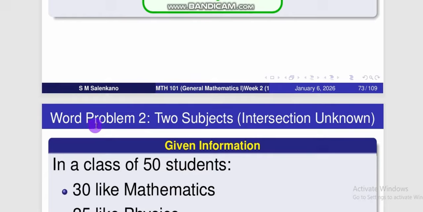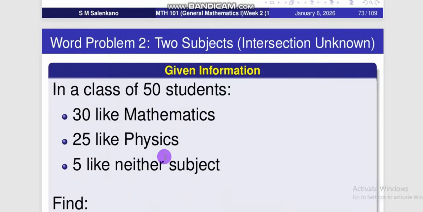Problem 2 is a word problem also about two subjects, but the intersection is not known, meaning those who like mathematics and physics together, we don't know, and we are expected to find that. How do we do that? In the previous one, the one we've just completed, we were given the number of students who like both subjects, right?